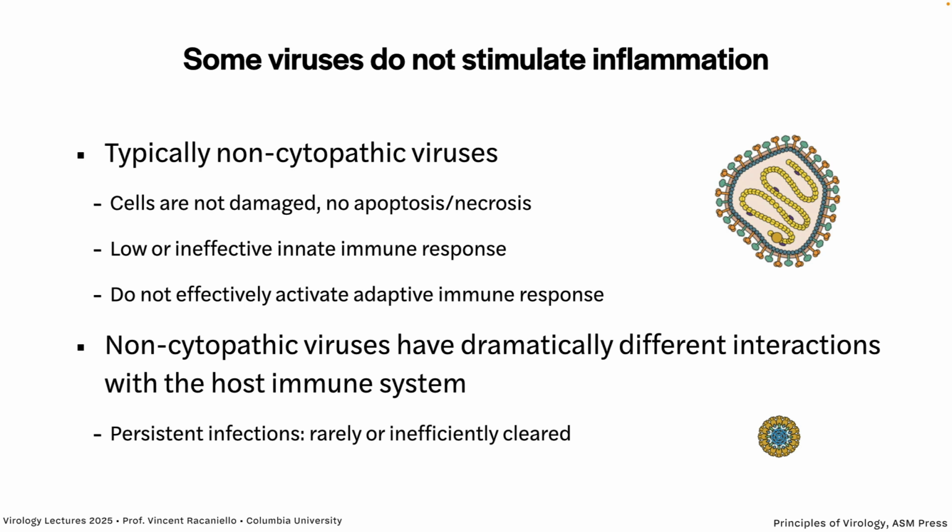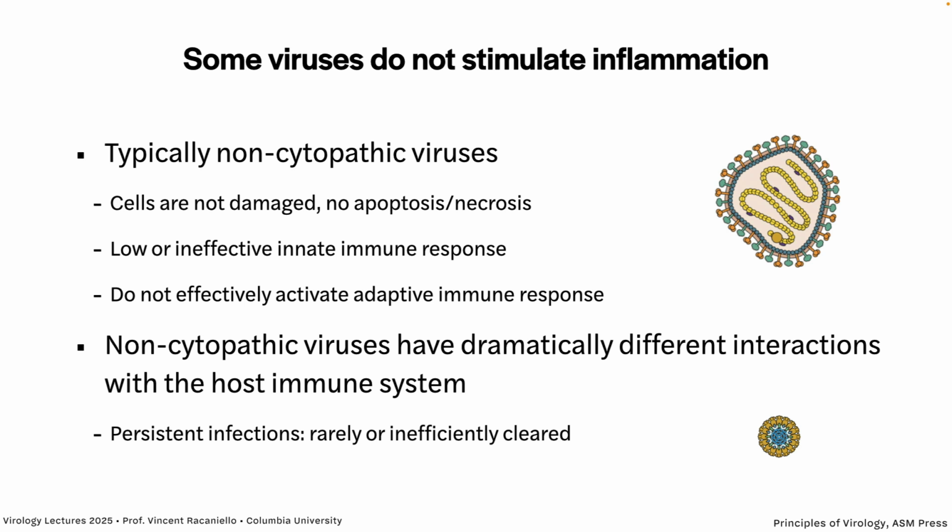Right, that's cytopathic viruses. But many viruses do not stimulate inflammation. And these are what we call non-cytopathic viruses. Some viruses do not kill cells. There's no apoptosis, there is no necrosis. So there are no bits of cells coming off that the sentinels can pick up. And consequently, they have nothing to say to the adaptive response.